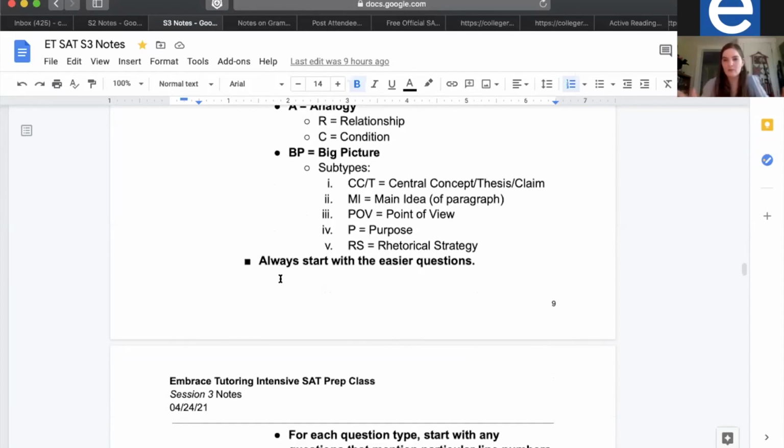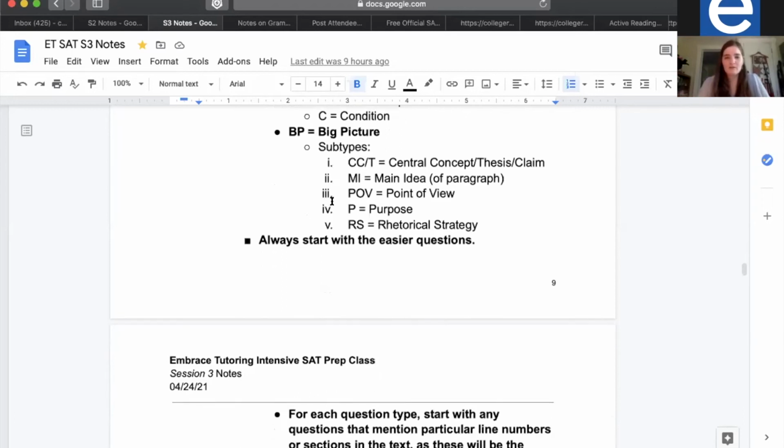BP meaning big picture, so you're looking at the global view of a text rather than the minute detail. There are a lot of subtypes here for big picture, which is why I have subtypes too. So CC/T is for central concept, thesis, claim. All of those are if you're dealing with a central concept.